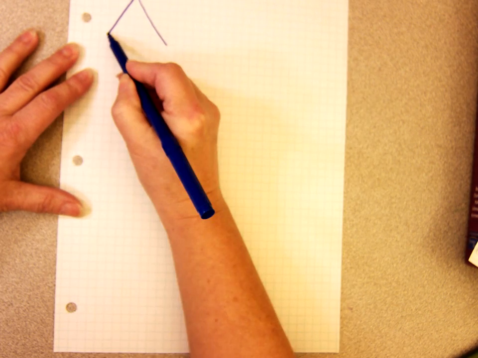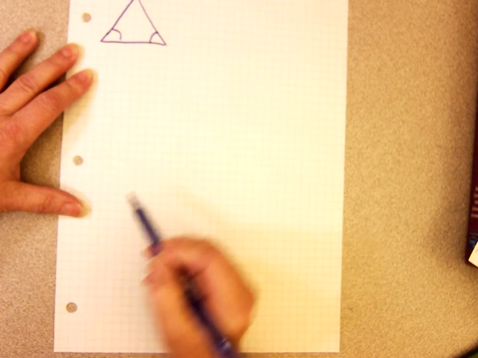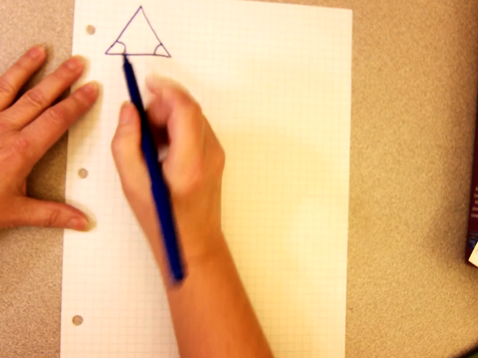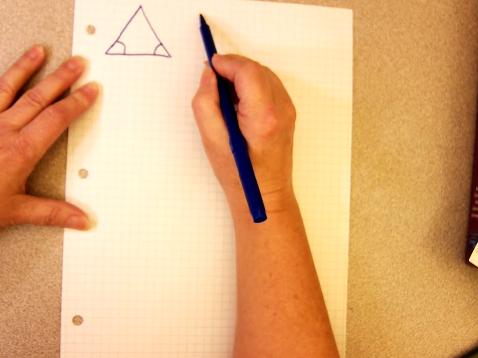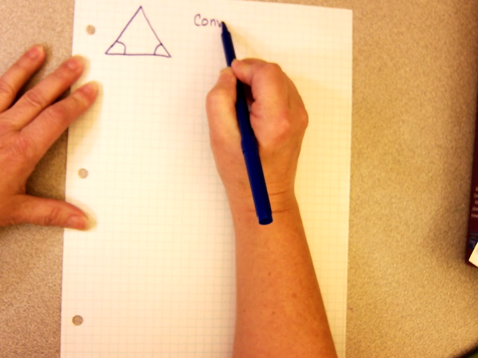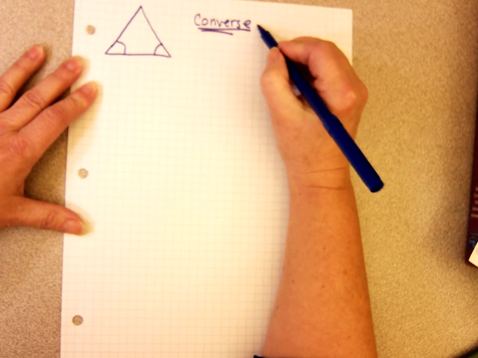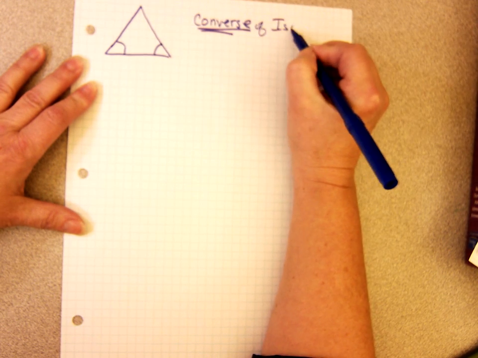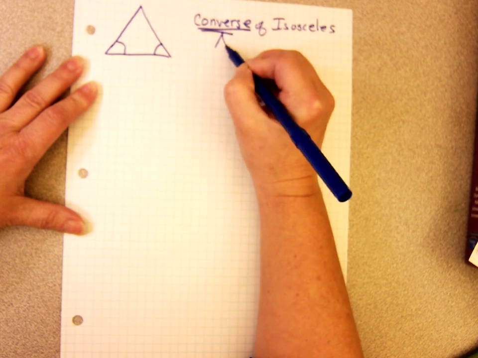I have the same isosceles triangle with the same congruent base angles, but we have a converse. Converse of the isosceles triangle theorem.